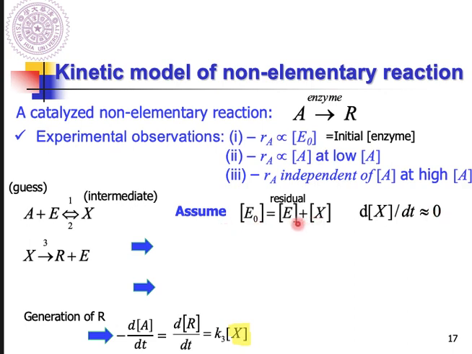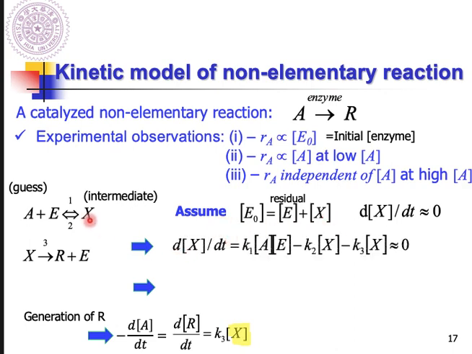And the other point is regarding the enzyme: the initial concentration of enzyme E0 will be equal to the residual enzyme plus X at any time point during your experiments. Because when you add the enzyme, you generate the intermediate, right? So for sure there is a relationship between the enzyme and the intermediate. So we make these assumptions.